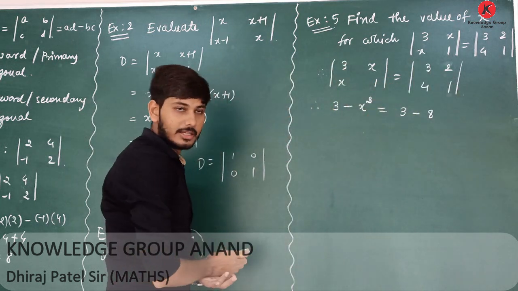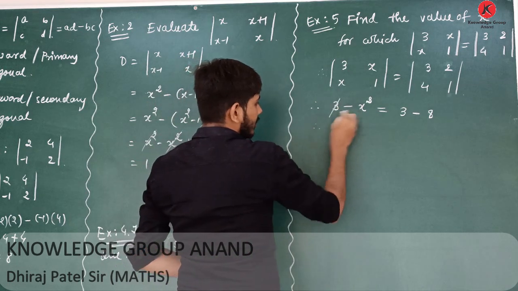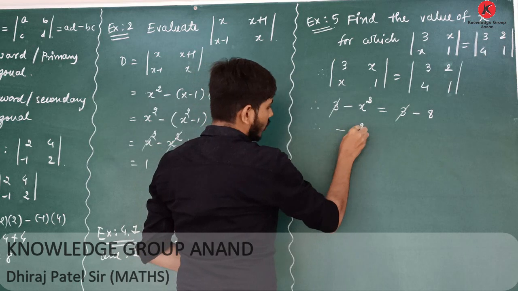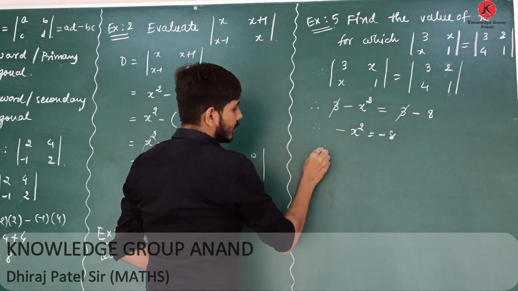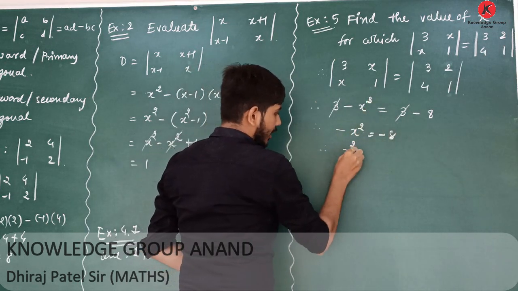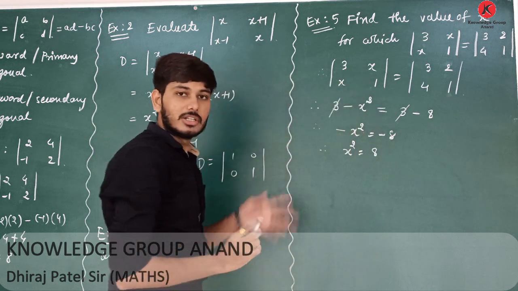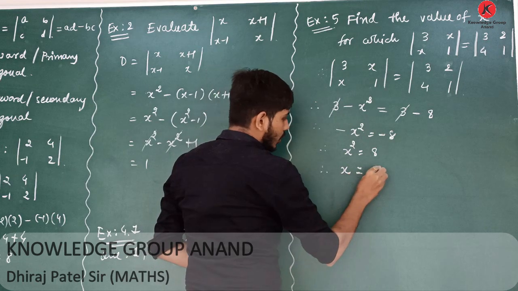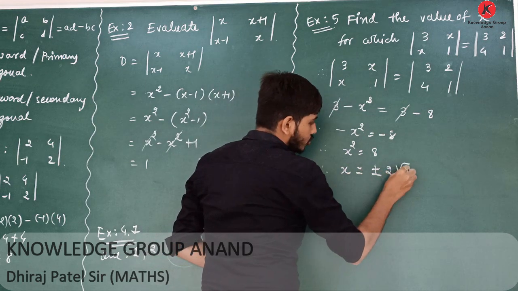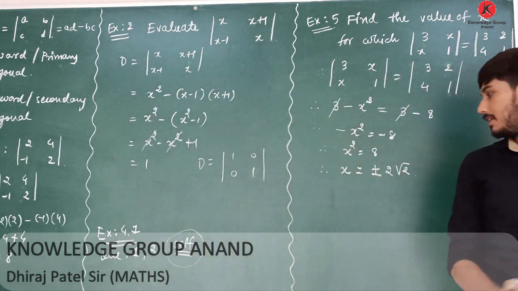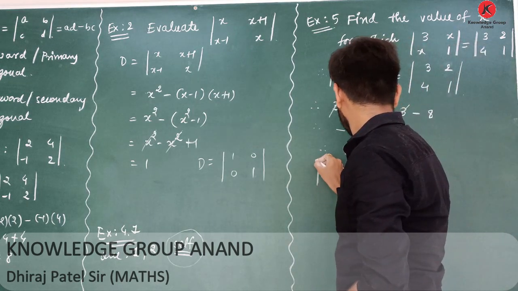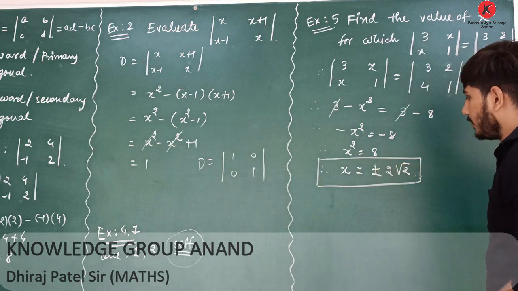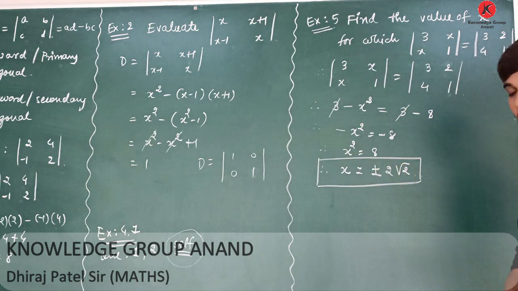Now simplify this. 3 from both sides we can cancel. Minus x square equals minus 8. Minus signs cancel out, therefore x square is equal to 8. Now taking the square roots on both sides, we are getting x equals plus or minus 2 root 2. This is our answer: the value of x equals plus or minus 2 root 2.